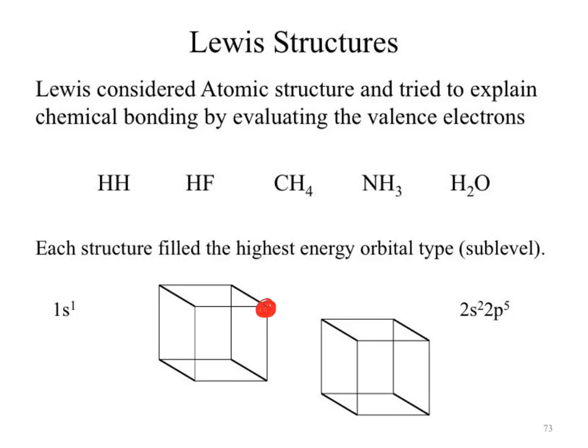Fluorine has 7 electrons, so I'm going to draw on the 7 electrons for fluorine. What happens is I bring these 2 cubes near each other on that one vertex.